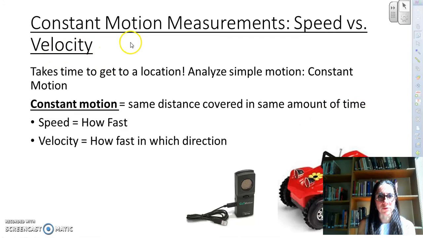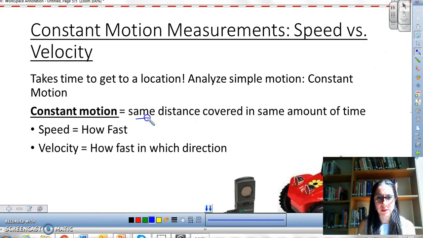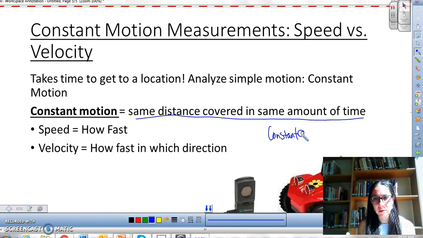Constant motion is different than average motion because it specifies that you cover the same distance over the same amount of time. That's the difference. So when you have constant speed, you maintain your average speed, basically.